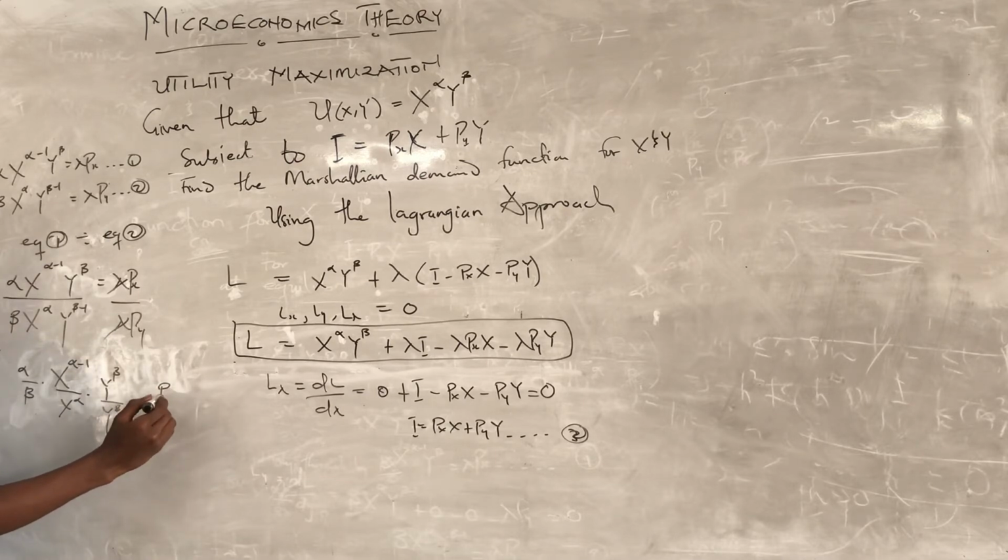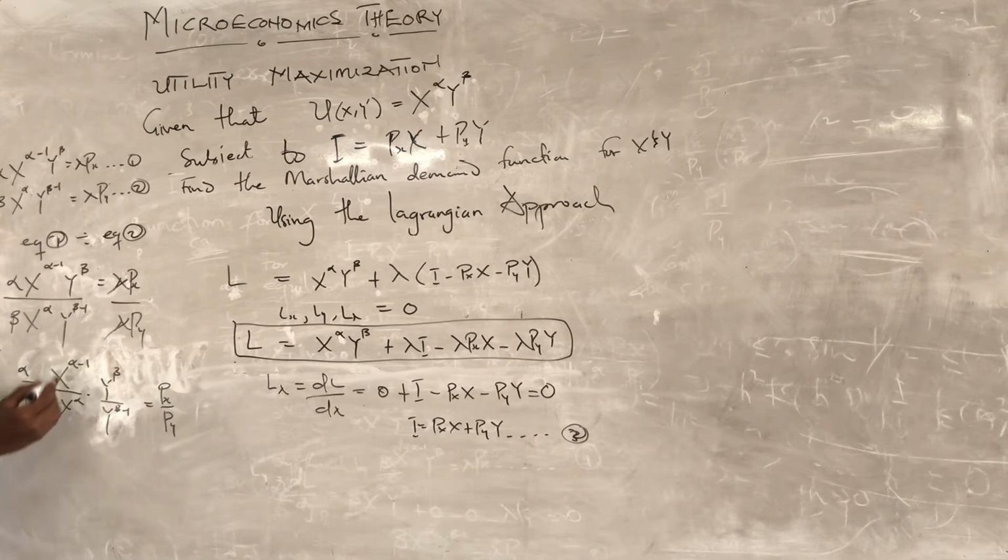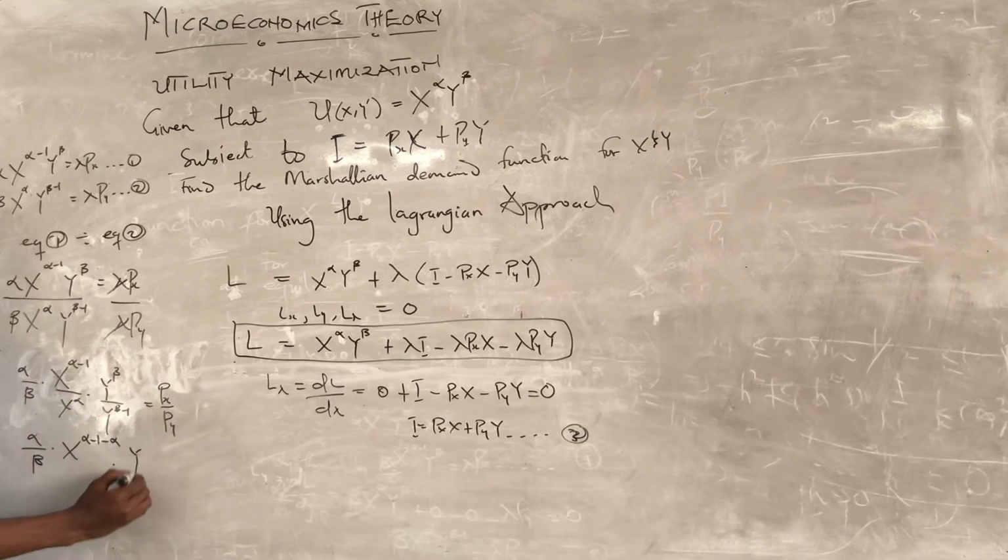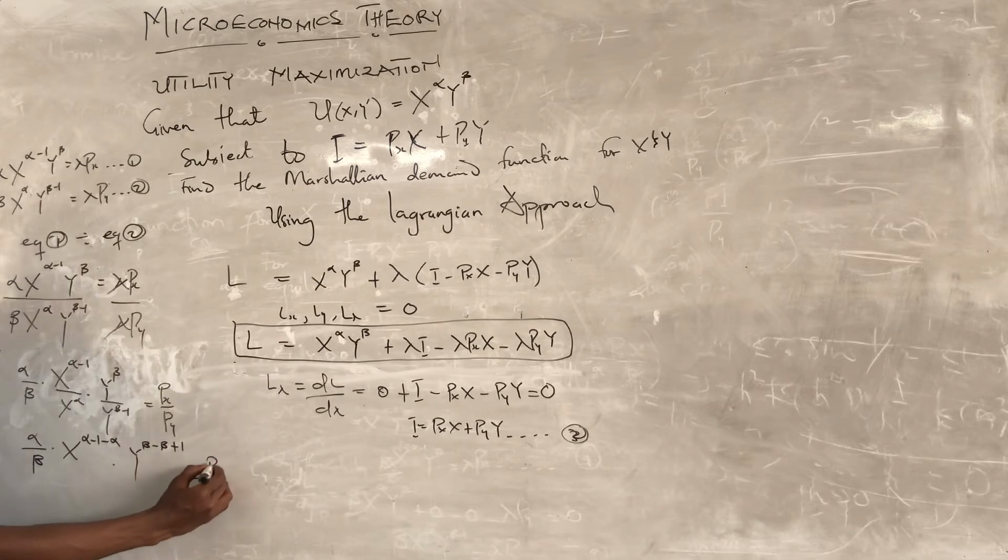So we have px over py. Then with this, according to indices, when it comes up, it becomes negative. You can also bring this down. So let's maintain the alpha. So our x^(alpha minus 1 minus alpha) times y^(beta minus beta plus 1) equals px over py.